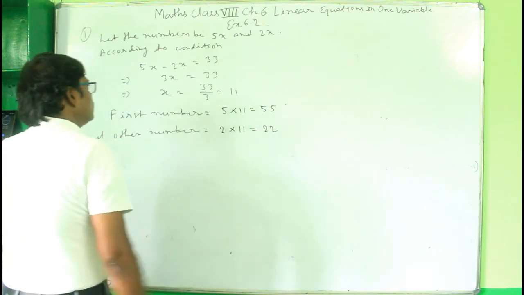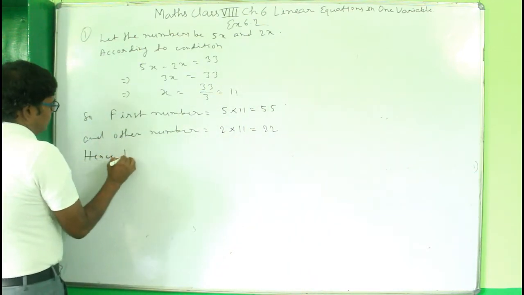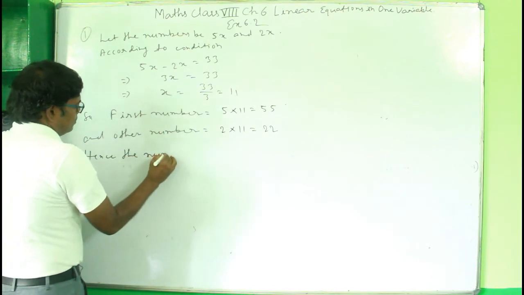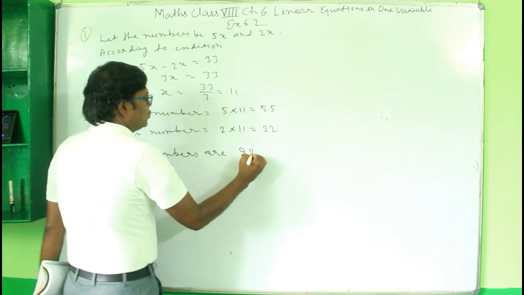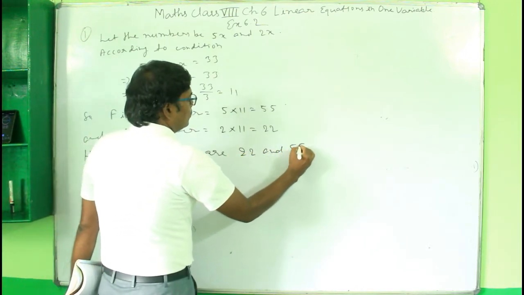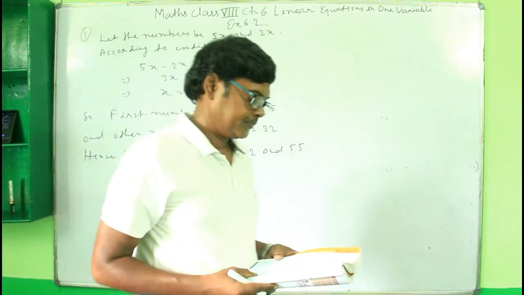So these are the two numbers, 22 and 55. Okay, these are the answer of this question.